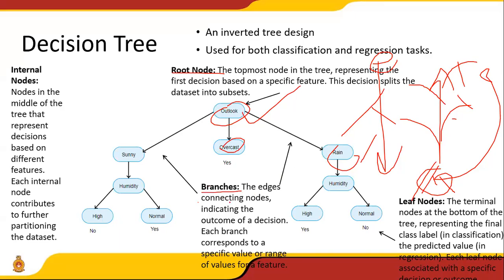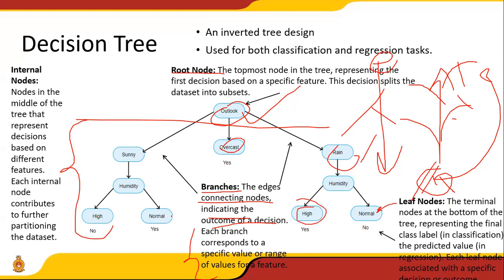The edges are connecting the nodes, indicating the outcomes of the decision. Each branch corresponds to a specific value or a range. And we have internal nodes. All of these things are internal nodes, the middle nodes in this case. And these are leaf nodes, the last nodes. In this case, this is a leaf node and this is a leaf node.